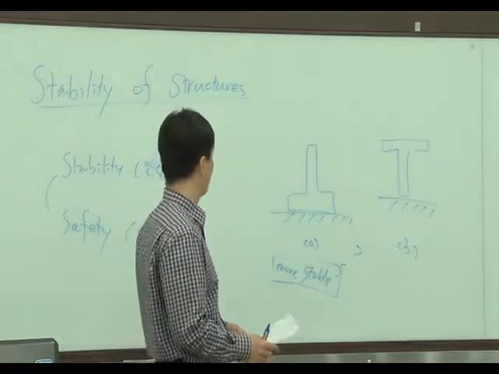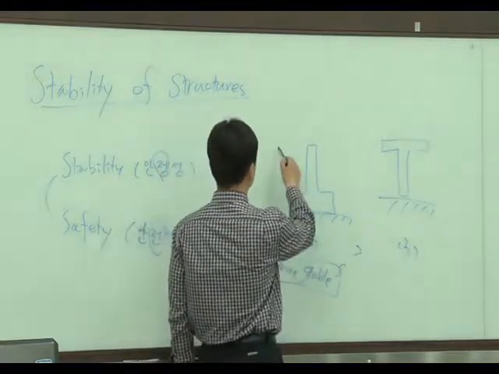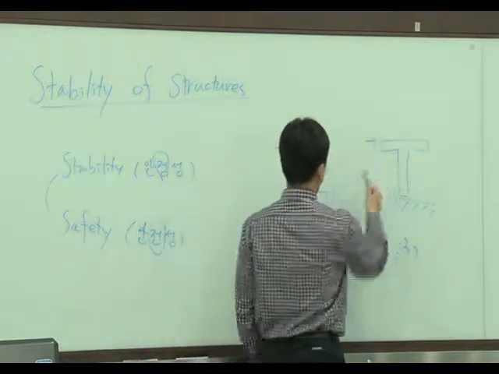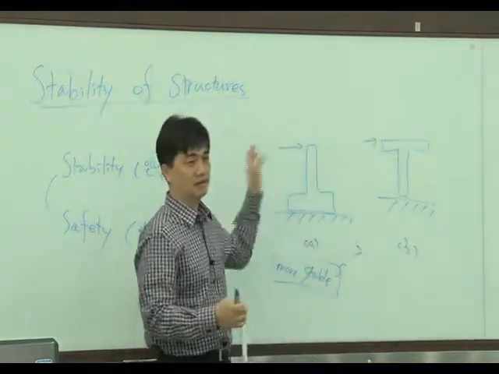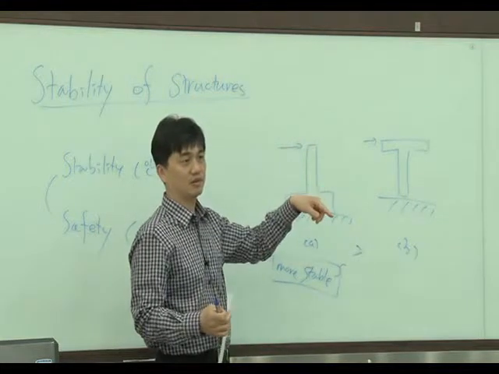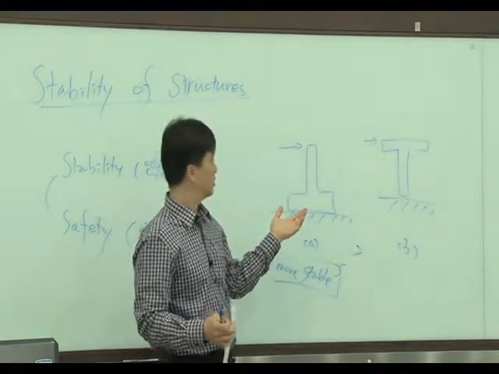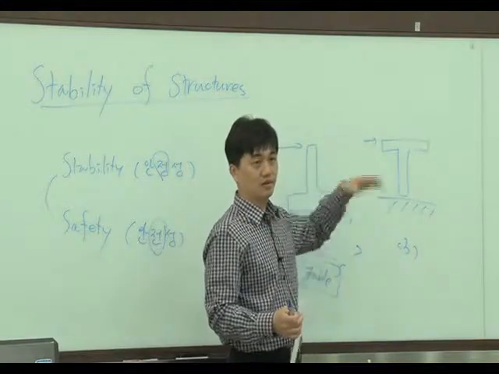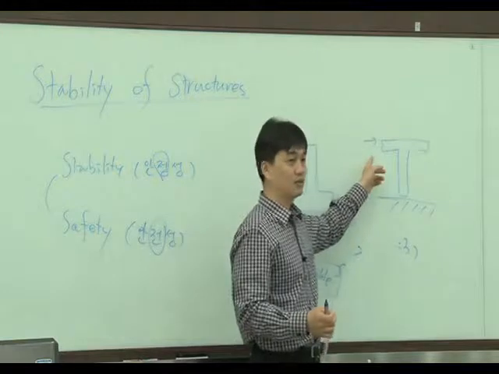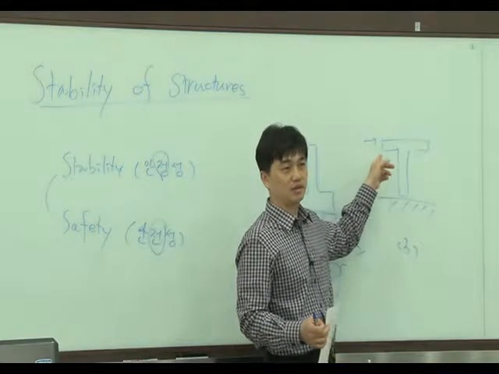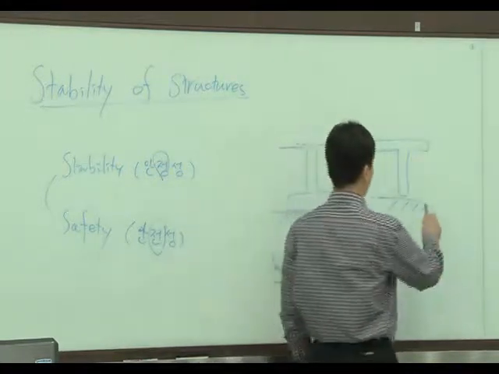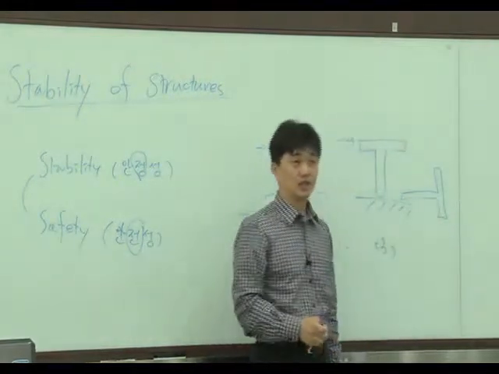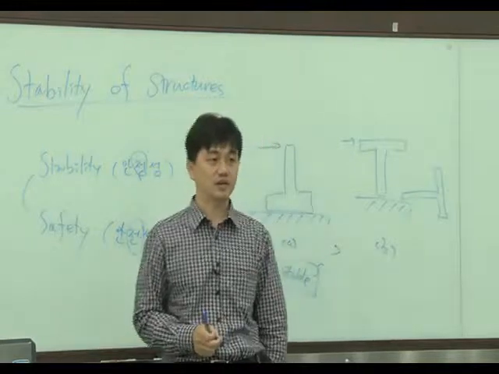Okay, so for example, let's say I'm going to push at the top point, giving some very small lateral load. This one is very hard to fall down, right? But if you push this one a little bit, it will fall down easily.